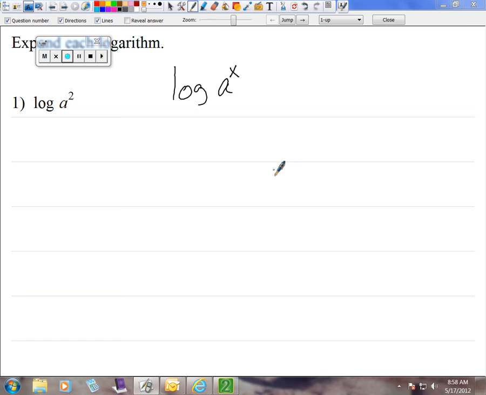Log of a to the x is the same as x out front. It becomes a coefficient. So those are the same thing. So if you have log of something to some power, the power goes out in front times the log. So this is your first logarithm law.